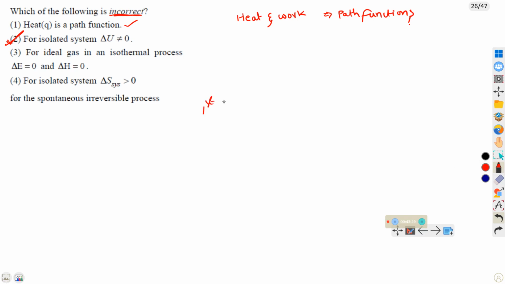According to the first law of thermodynamics, delta U is equal to Q plus W. So, which process is given? Isolated system. System is isolated. Then the change in internal energy is equal to 0.